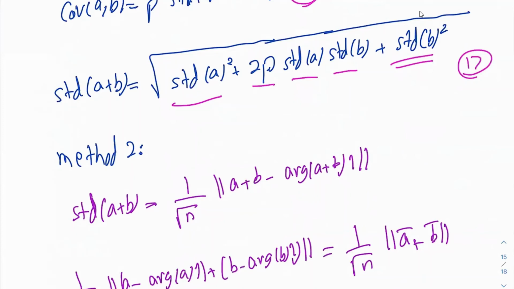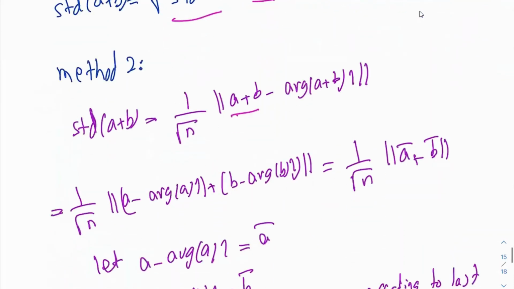So there is a method 2 as well, for people that don't want to use this probabilistic idea. Just follow the vector domain. The standard deviation of A plus B, as we are all experts in the definition of standard deviation for vectors, is equal to 1 over the square root of n, where n is the length of the vector, times the norm of A plus B minus the average of A plus B times the one vector.